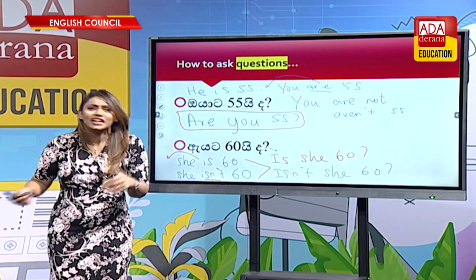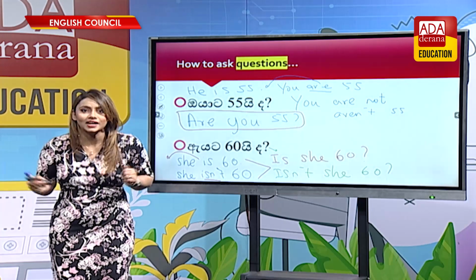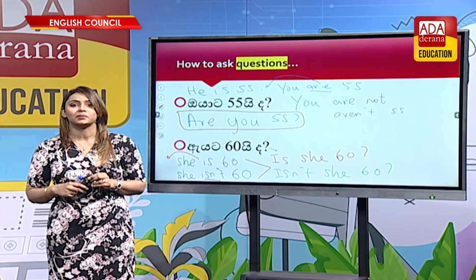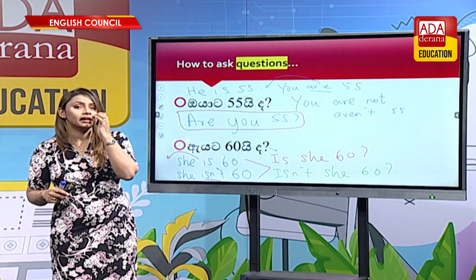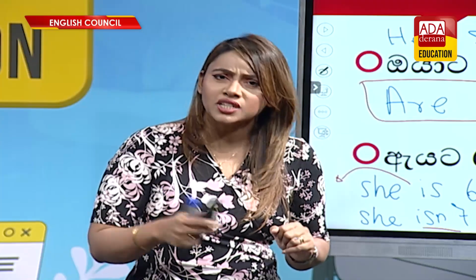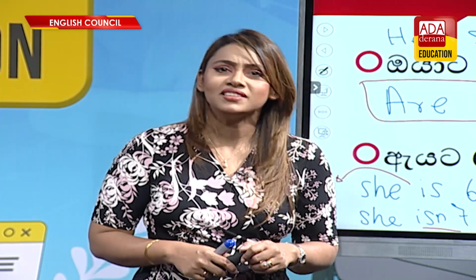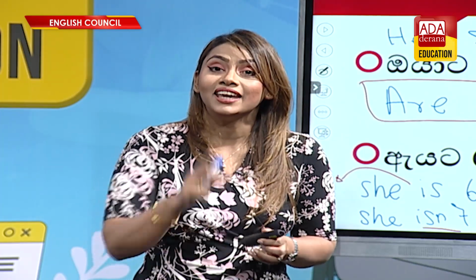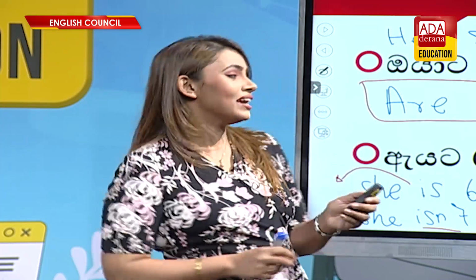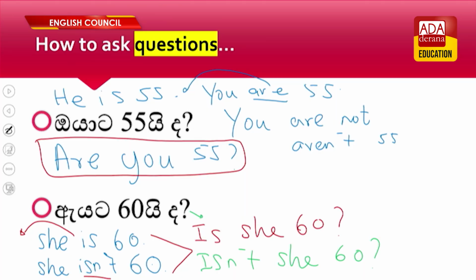Isn't she 60? Isn't she 30? ඔන්න ඔය විදිහට තමයි අපි අහන්නේ කාගේ හරි වයස directly දාලා is she 60 or are you 20 කියලා ඔයාට 20යිද කියලා අහන්නේ. Right, so this is about age and this is how you construct the questions.